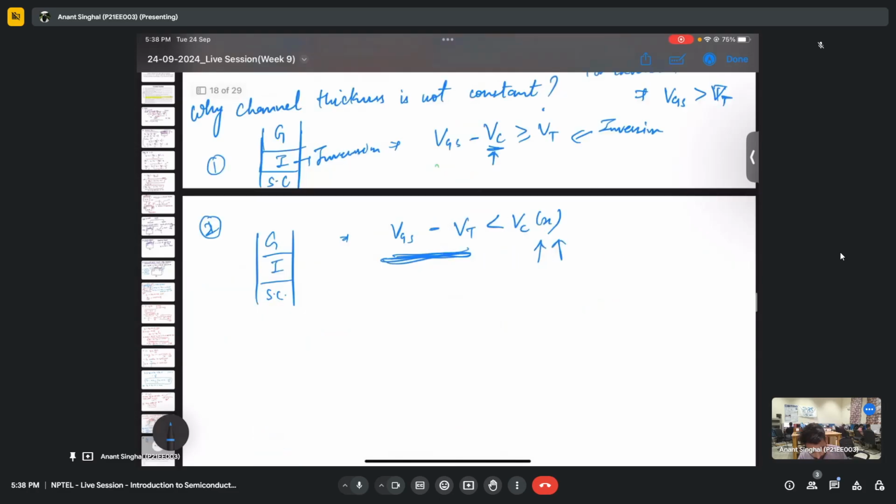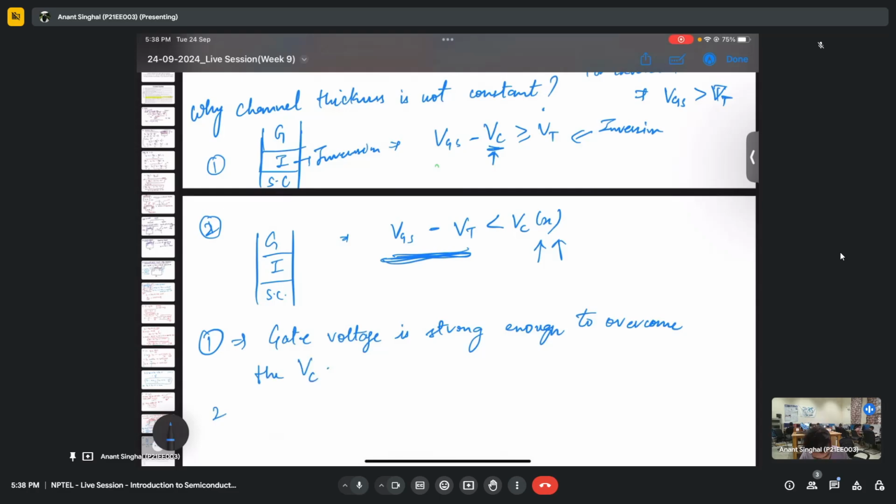Maybe I can write that what I'm trying to say is, for one, gate voltage is strong enough for the first point to overcome the channel potential VC. That is, VGS minus VT is still maintained to overcome the channel potential VC.